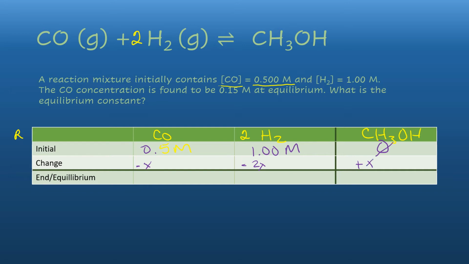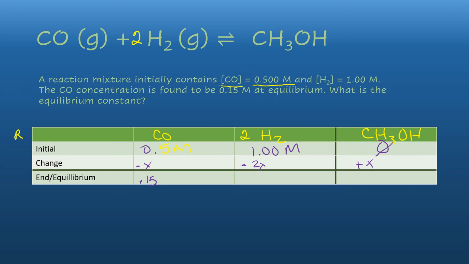And then it says at equilibrium, the CO concentration is found to be 0.15. So 0.5 minus x equals 0.15.